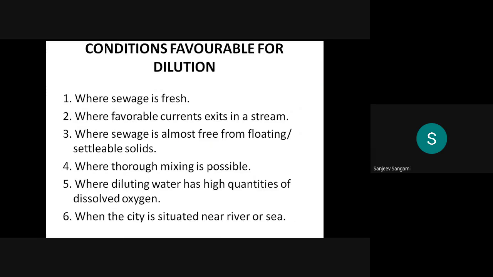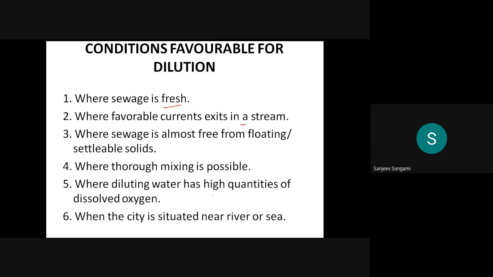Then some of the conditions which are favorable for dilution: the first one is that the water should be fresh. The favorable condition exists in a stream where the sewage is almost free from floating matter. That is one, and it should be mixed as thoroughly as possible.